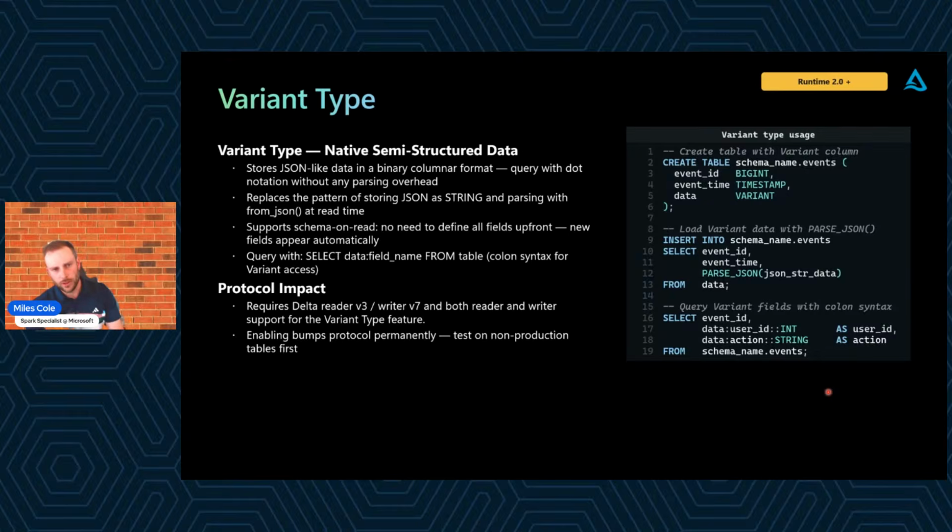This introduces some inefficiencies, because we have data on disk being stored as string, but then when the engine reads it, it basically casts it as a structure, and that casting every time introduces additional overhead. And so the variant data type solves this, because it allows for storing native JSON-like data in a binary format.